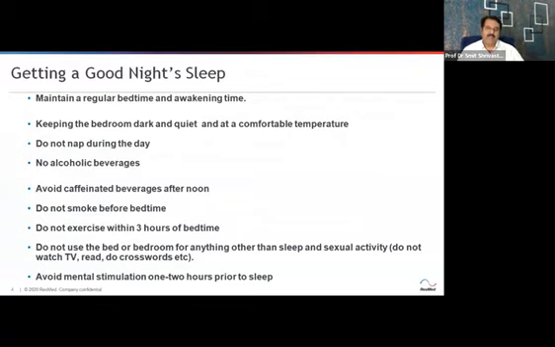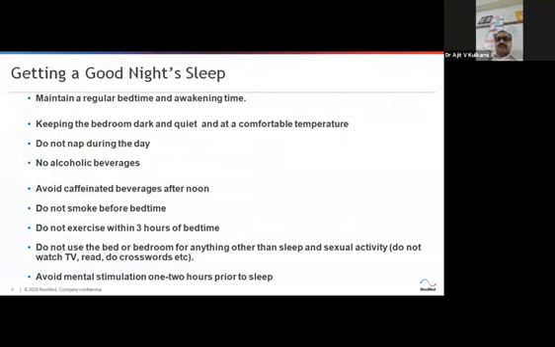So how to get a good night's sleep? There are certain rules. Basically, we are designed to live in caves, in forests, in wild areas, and without artificial light. So therefore, we have our circadian rhythm, which is regulated by the sun, and by sunset, serotonin should go high and therefore we should start falling asleep.